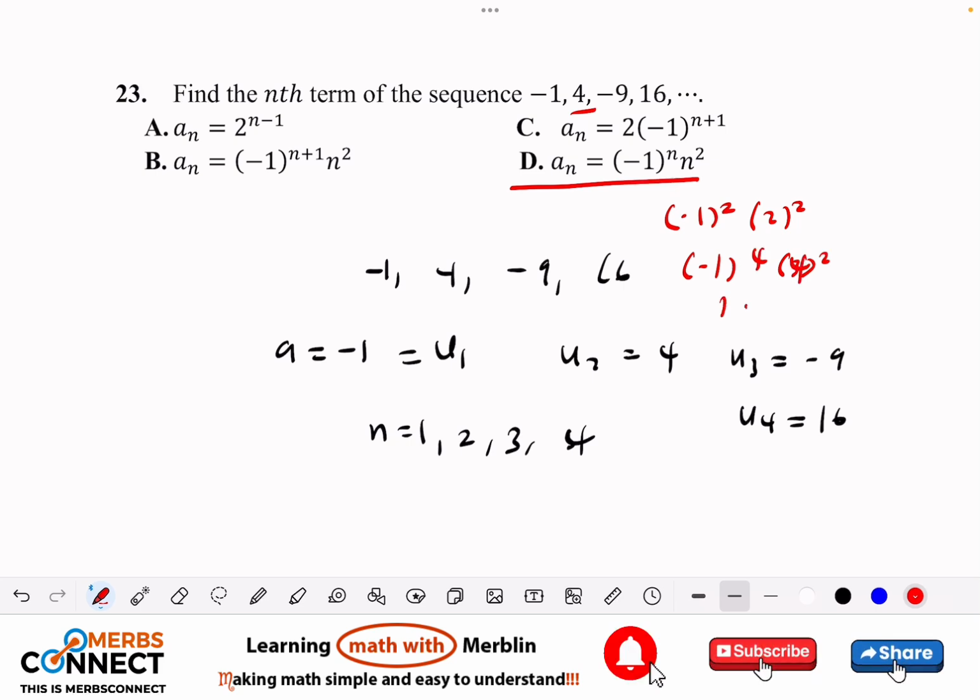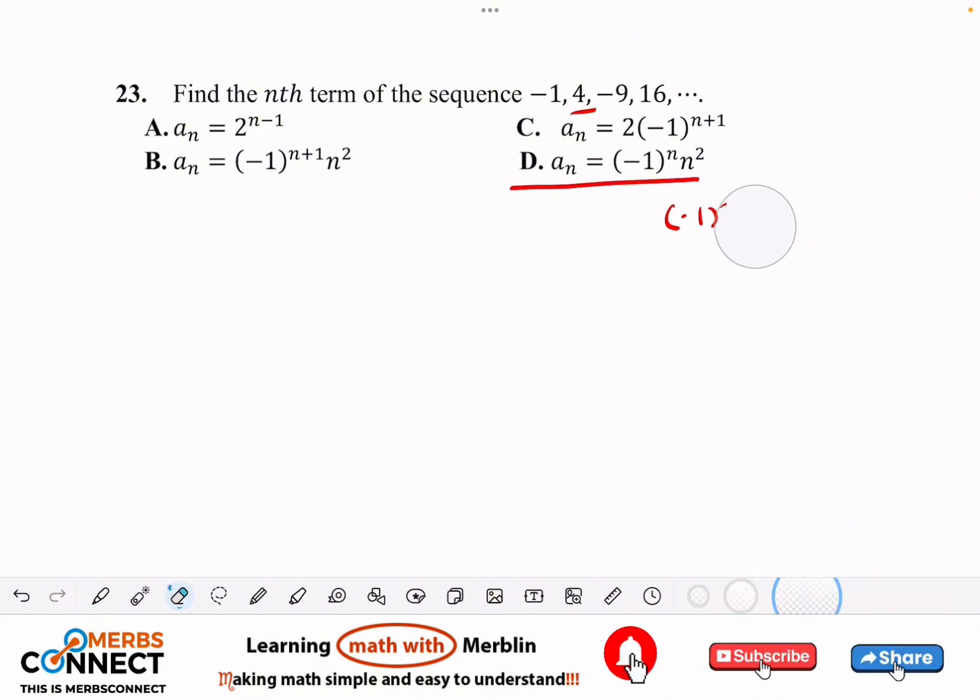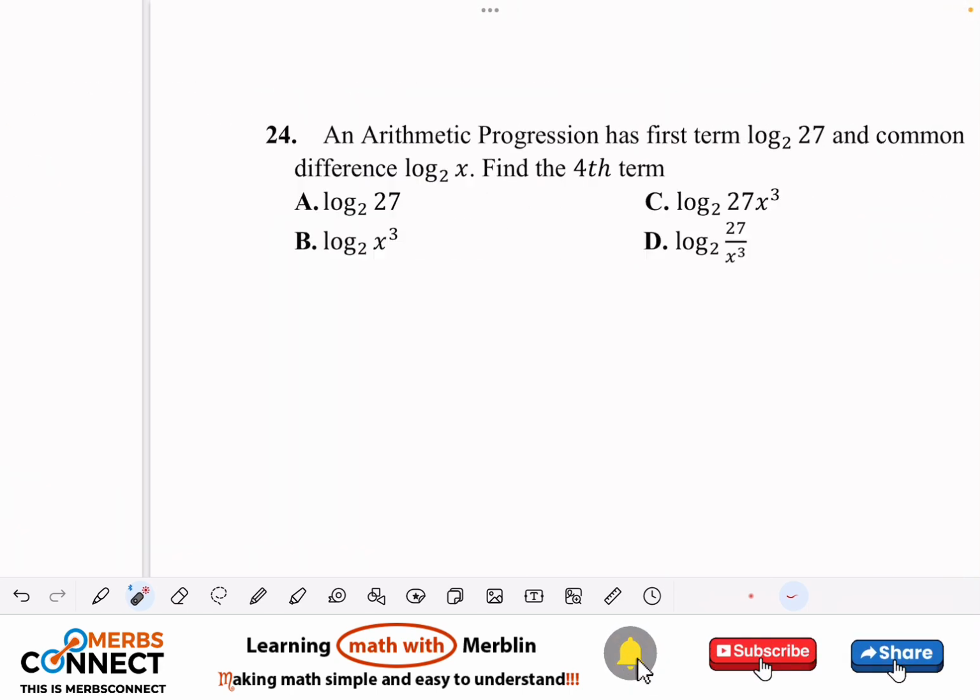This will be 1 times 16, and it's also there. So you see that this is a short way of doing that. Do you get it? Good. Sometimes you need to use your eyes to see things so that you don't waste your time testing them. Some of them are not going to work out, so just throw them away. And then this one is going to give us the D.